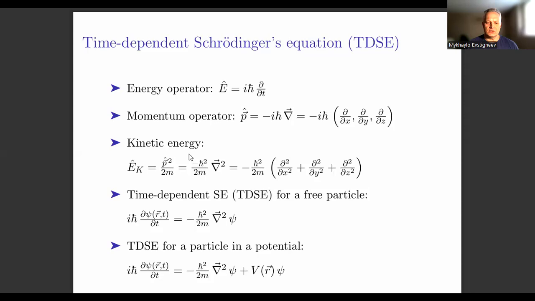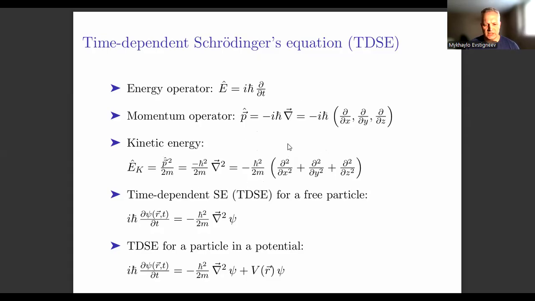So a dot product of the gradient operator with itself is the Laplacian, the sum of the second derivatives with respect to the x, y, and z coordinates. And for kinetic energy, you need to multiply the Laplacian with negative h bar squared over 2m.